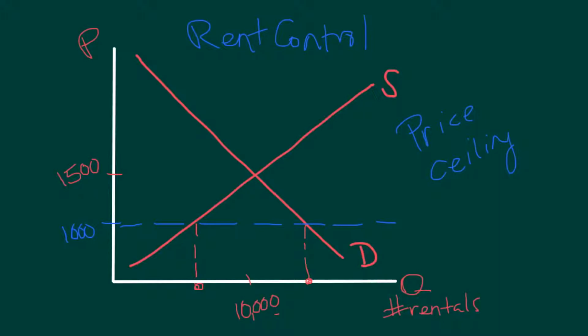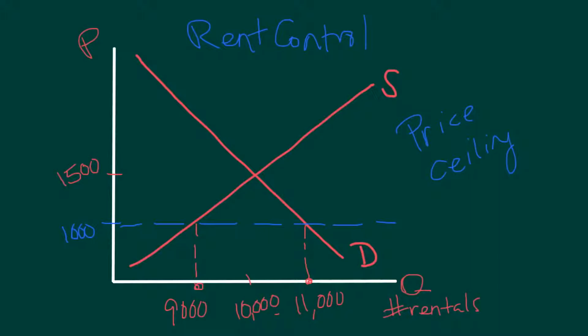All right, well, that's all familiar enough, but one of the things we see happen with price ceilings a lot of times is if we look at this quantity that is being sold. So let's say 9,000 are being rented and 11,000 are wanted. So there's 2,000 people out there who really, really want an apartment and aren't getting it at $1,000.